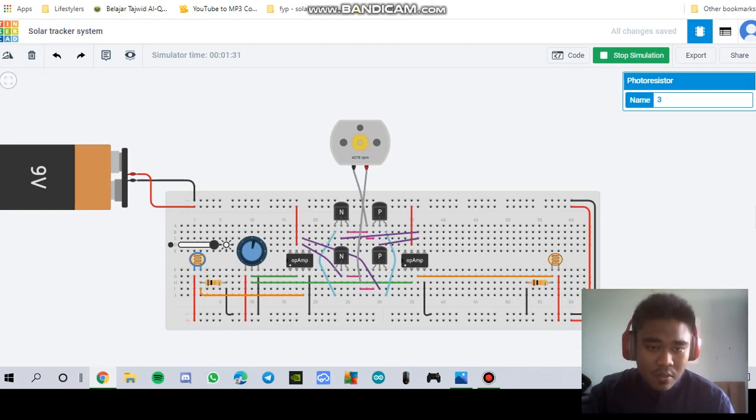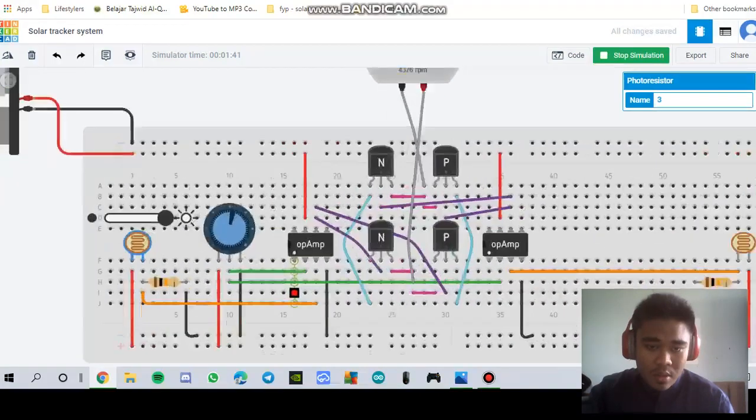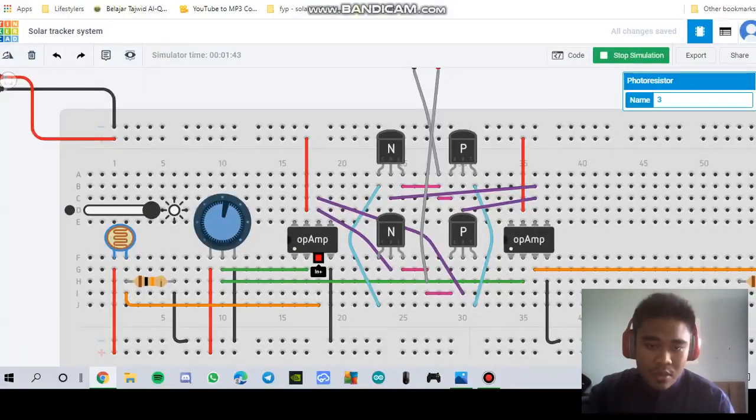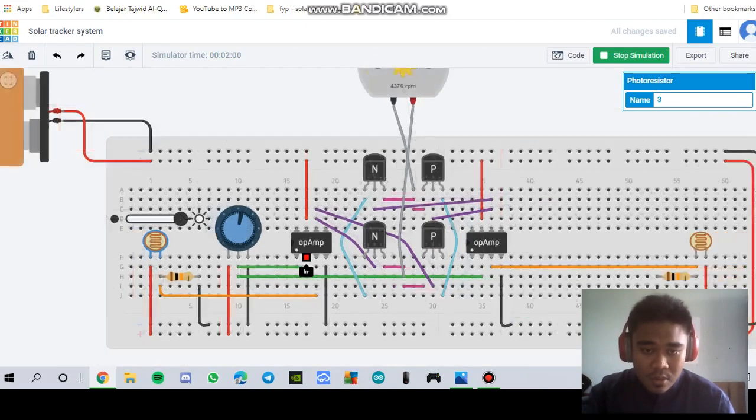So the current will flow through the LDR and the potentiometer straight to the op-amp, at pin 3 and pin 2, where pin 3 is the non-inverting terminal and pin 2 is the inverting terminal.